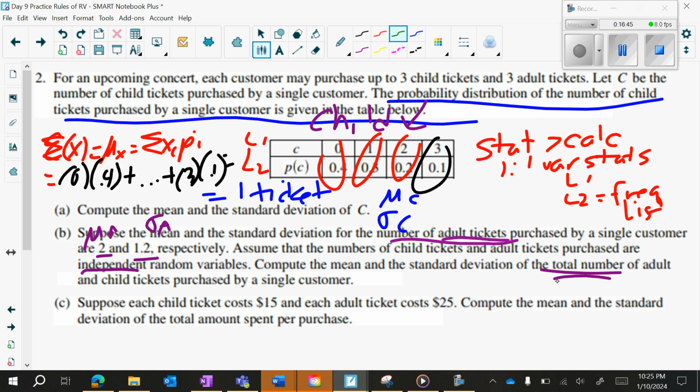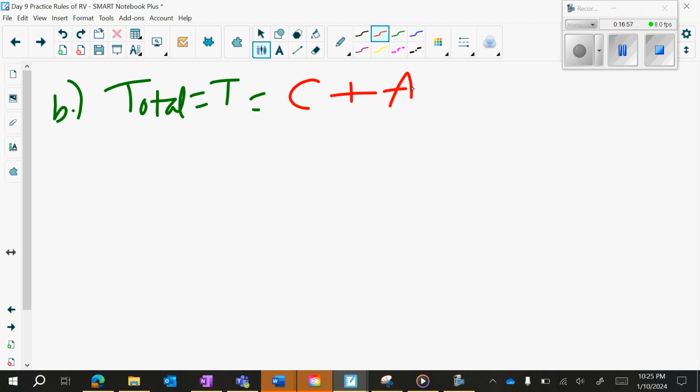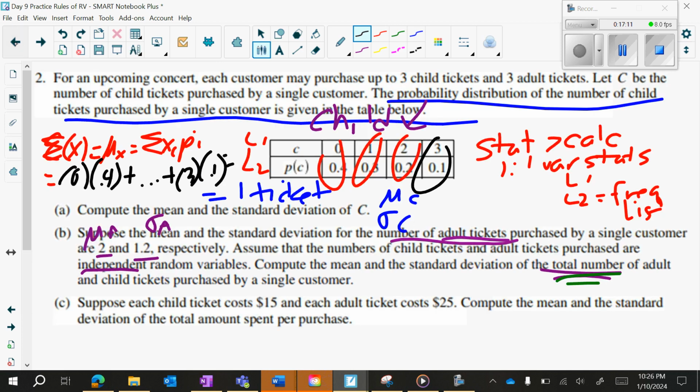So if we want to find the total, thinking about a family here, let's call it T, we're going to have to do child plus adult, right? So the child tickets had a mean of 1 and a standard deviation of 1. The adults had a mean and a standard deviation of whatever they told us, so 2 and 1.2.